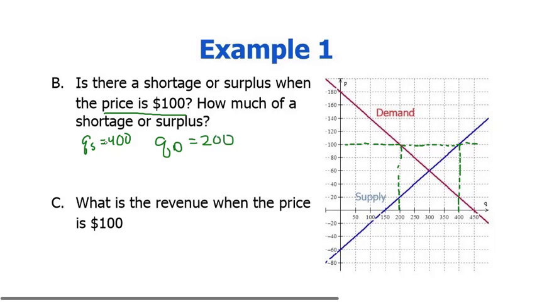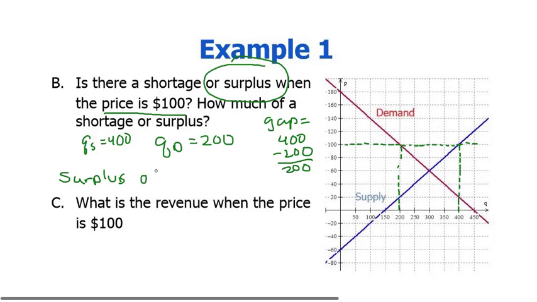So our quantity supplied is larger than our quantity demanded, so that tells us we're going to have a surplus, and we're going to have a surplus of the gap between those two. So our gap is 400 minus 200, which is 200. So we are going to have a surplus of 200 units.